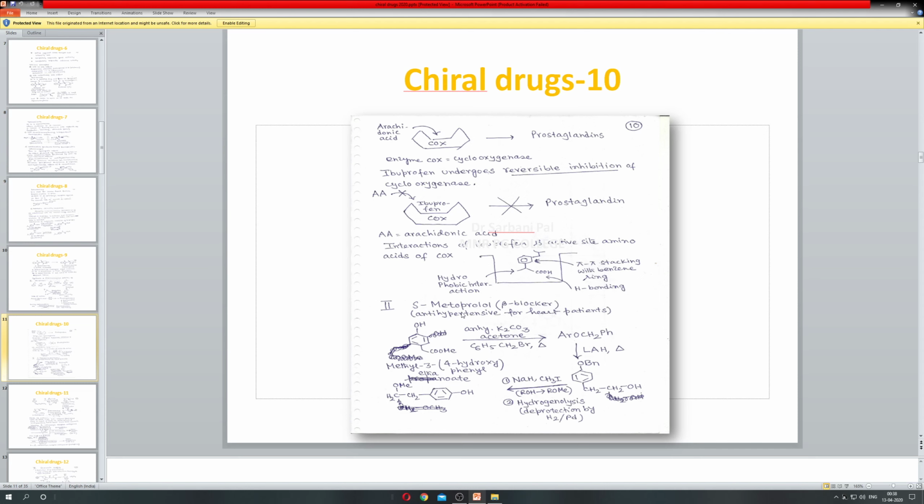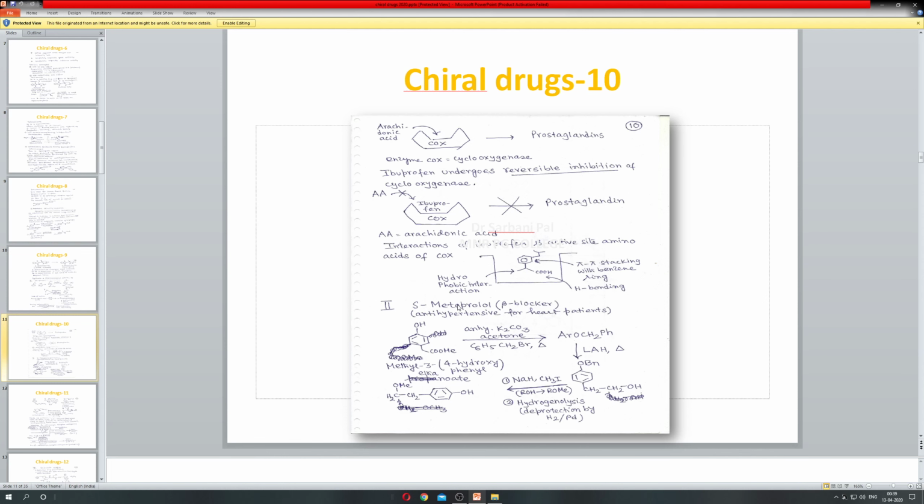Now let us go to the second molecule, that is metoprolol. Metoprolol is used to decrease blood pressure for those patients who have cardiac problems. Means heart patients, if they have high BP, then to treat that condition doctors usually give metoprolol.